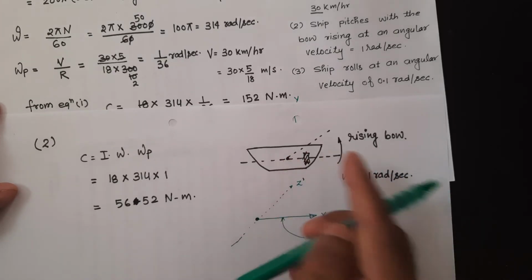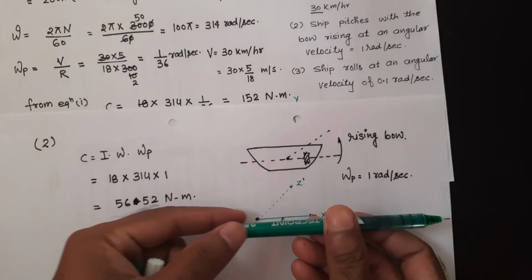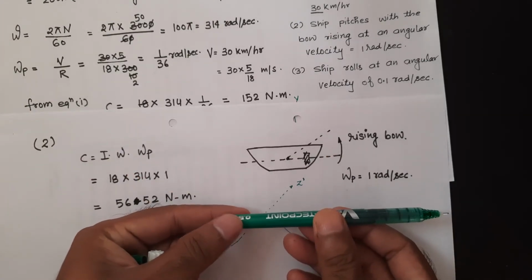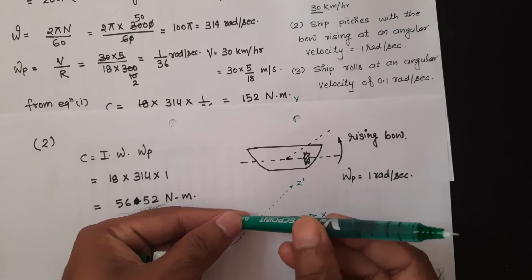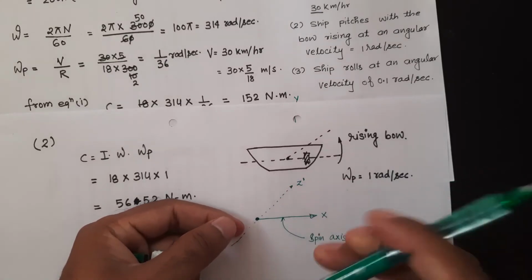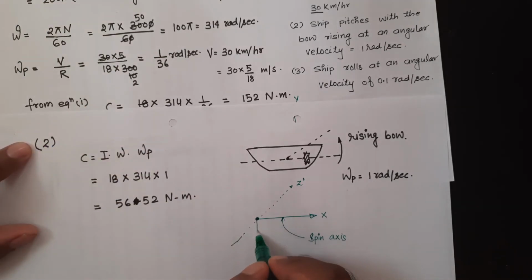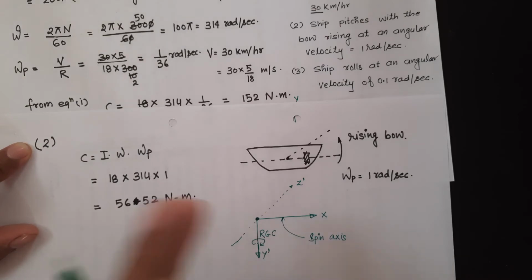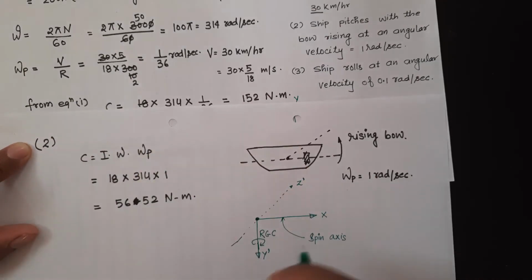For the reactive gyroscopic couple, this is your spin vector. Rotate this spin vector by 90 degrees towards positive z, make it opposite, so that means the negative y side. So this will be your y dash, and this will be your axis of reactive gyroscopic couple, and the sense looking from the top will be clockwise.